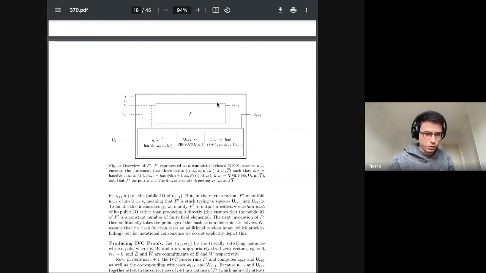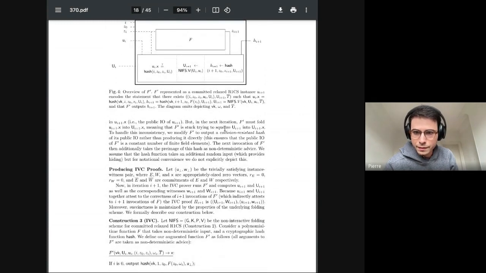This is literally the things that I have shown to you, and in this part you will see what's happening. So yeah, it explains why they need to take that hash of the previous UI instance. Yeah. Thanks.